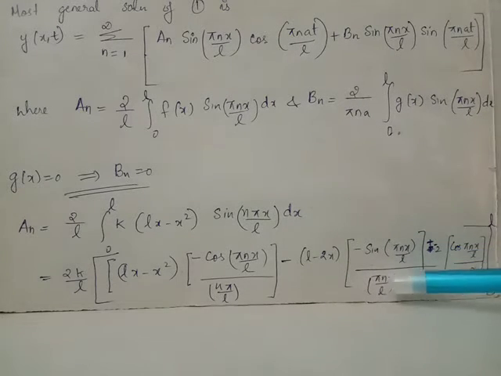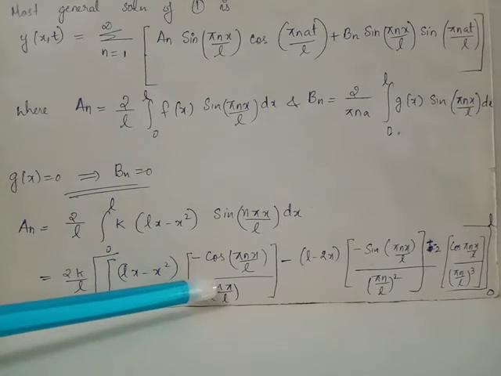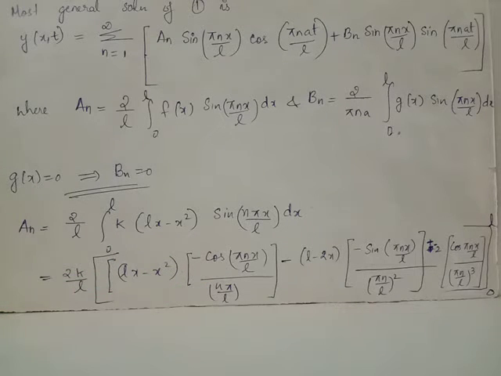Also (n pi by L) the whole square gets multiplied, thus the denominator becomes (n pi by L) the whole cube. Now we can bring the denominators (n pi by L) the whole square and (n pi by L) the whole cube as reciprocals multiplied to the corresponding numerators.